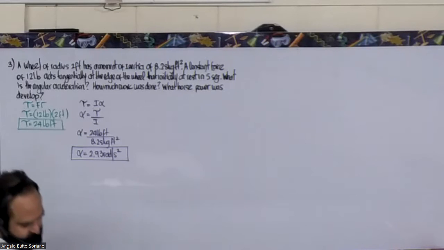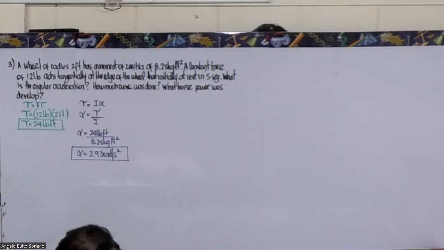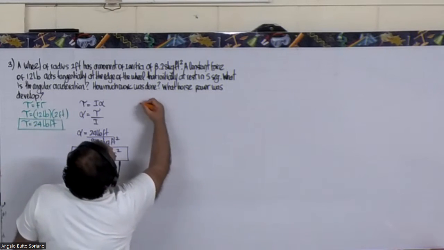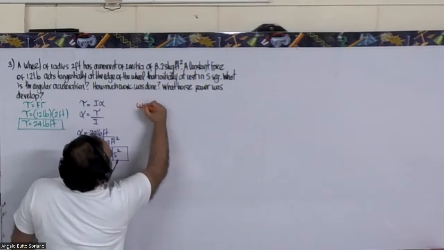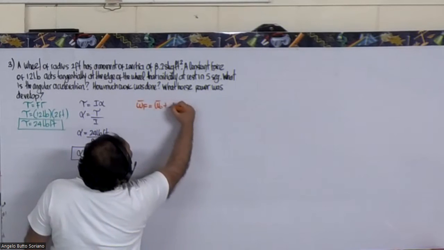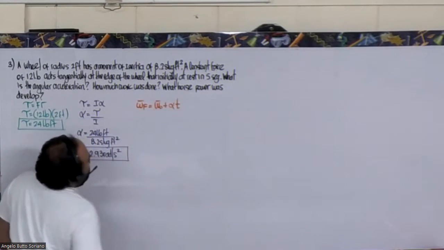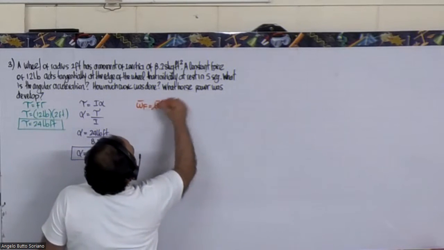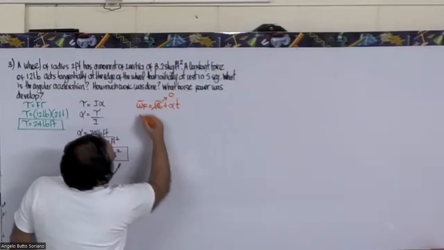So, what are we going to do? Well, simple. If you really want to work with the kinetic energy, the final speed can be given by the initial speed plus alpha times time. Remember, initially it is at rest, so this value will be 0.